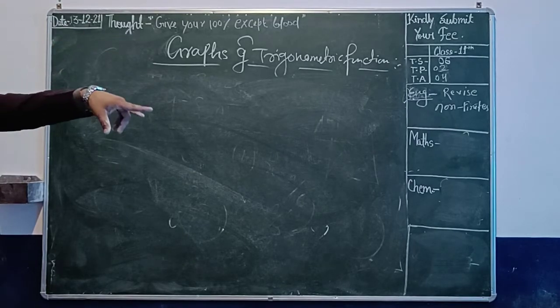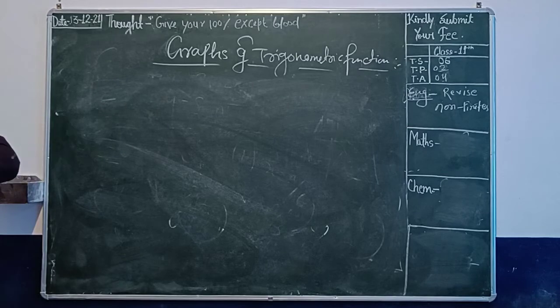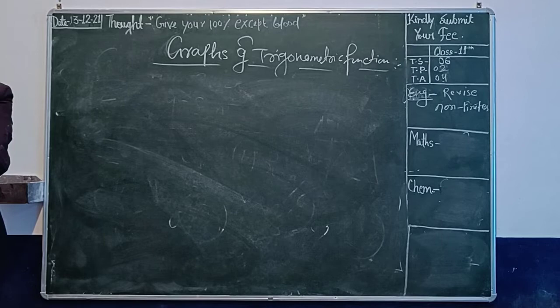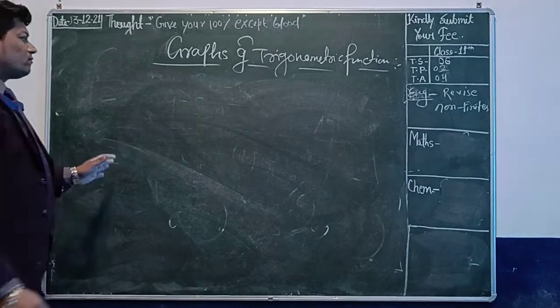We are getting it at pi. In the same way, we can draw the graph of y equal to sin 2x. Is it clear? Now we can draw the graph of y equal to sin 2x.